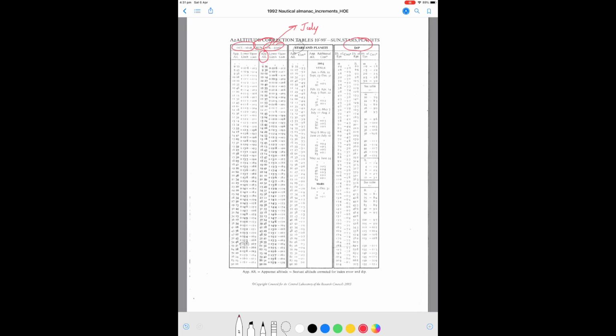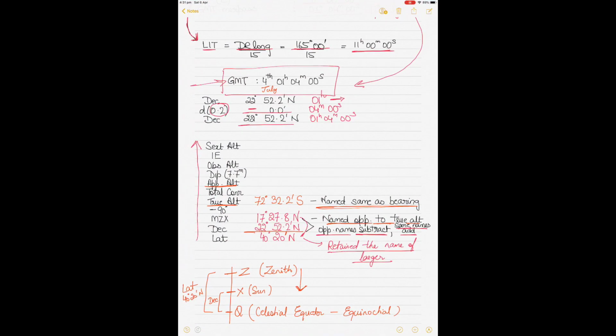You go down this column, and somewhere between 67.15 and 73.14 is the value you have to find for the upper limb, and that is a negative correction of minus 16.2. So you take that correction and go back into your solution and put that minus 16.2 here.